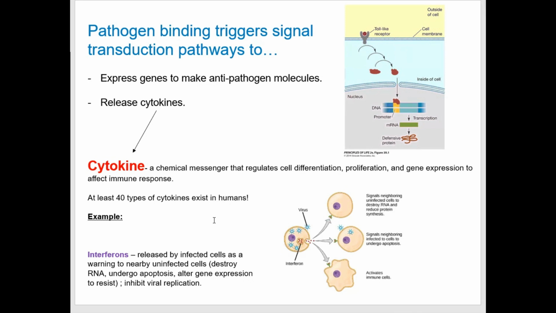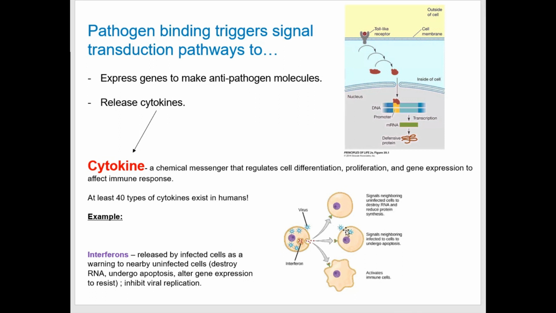So when interferon is released by infected cells, notice there's exocytosis of this tiny little vesicle, from an infected cell, infected by a virus. This signaling molecule is going to signal neighboring uninfected cells to be on alert and be ready to destroy, let's say, viral RNA, because the virus is in the vicinity, and potentially change the protein synthesis.